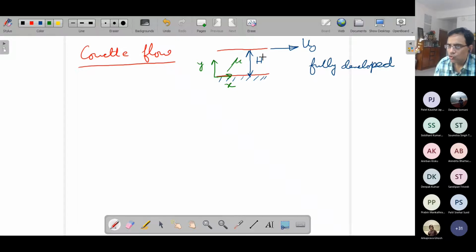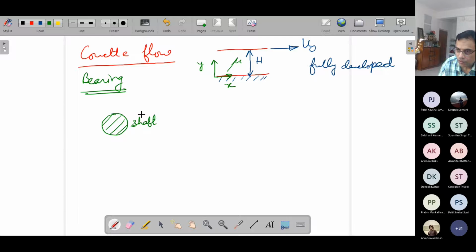So I will give you two viewpoints, one a practical viewpoint and another one a more scientifically based fundamental viewpoint, and I will give the practical viewpoint first. So in the industry, in real practical engineering, there is something which is very commonly called a bearing. So if there is a rotating device, a rotating shaft, this is basically a cylindrical rod which is called a shaft, which is rotating.